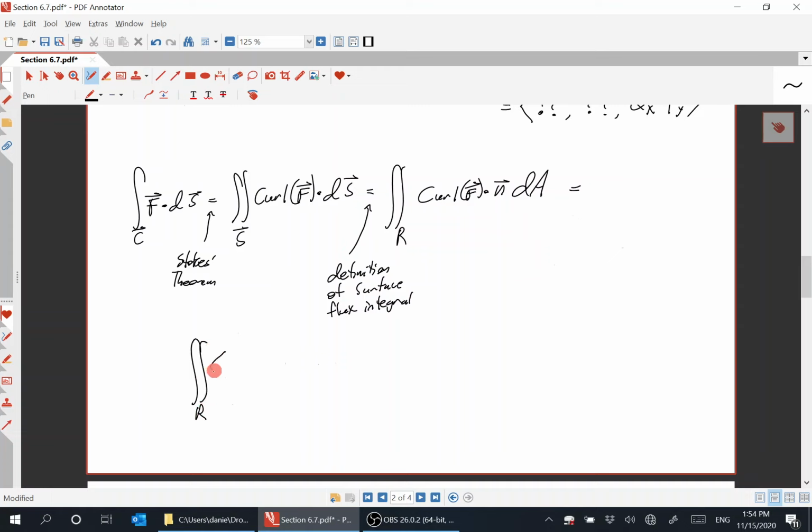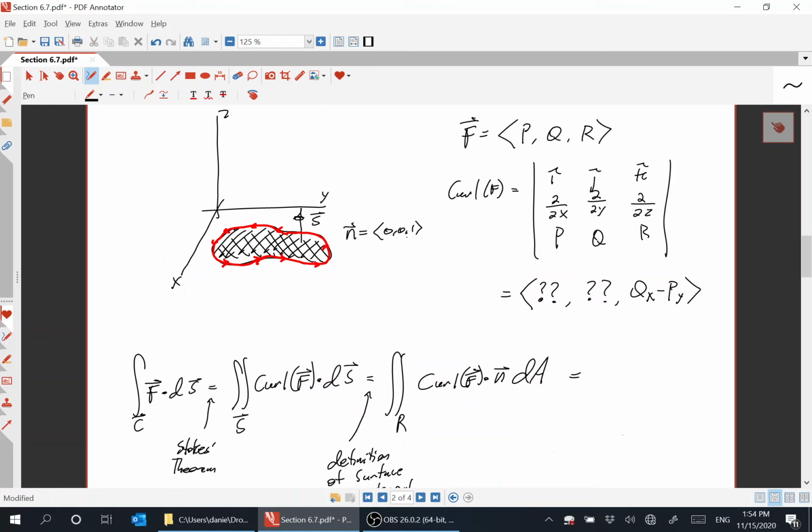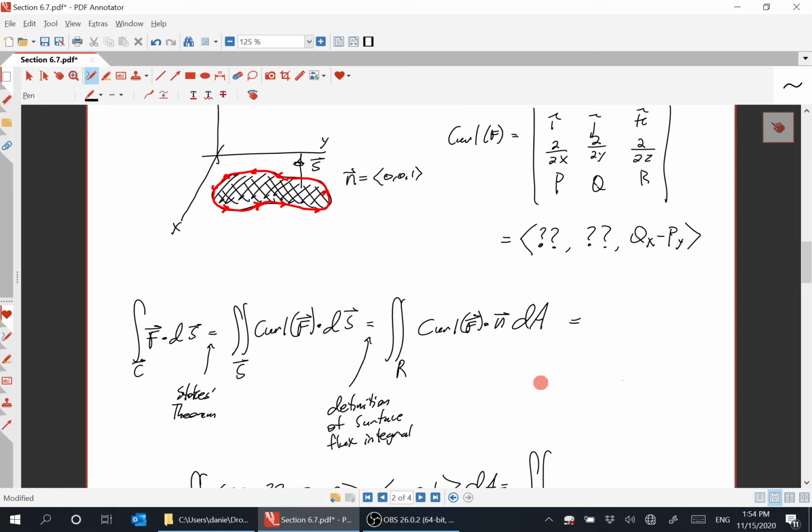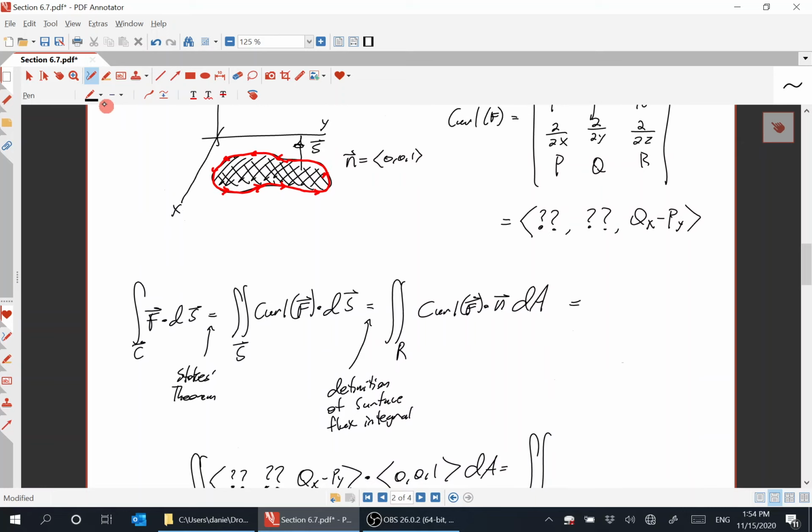Curl of f is something, qx minus py, dot, the n was 0, 0, 1. That's the unit normal vector. dA, which is equal to the integral over R. Well, I mean, R is actually going to be the interior of C, which is actually the surface S. But in this case, it's the interior of C. C is that boundary.